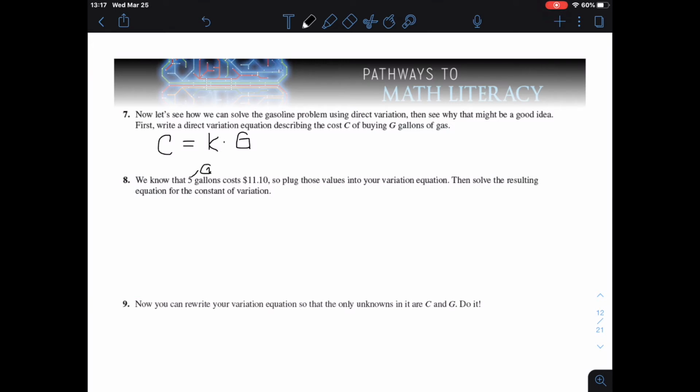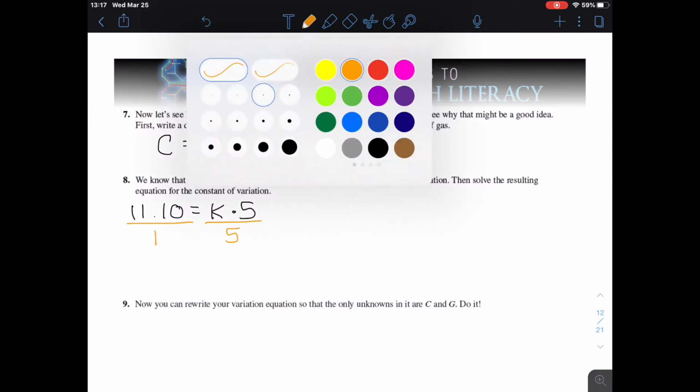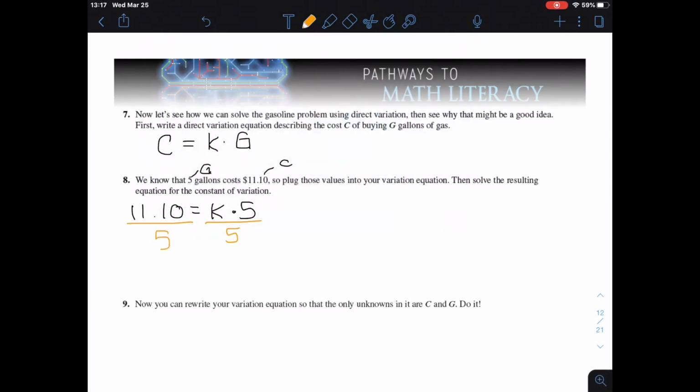So this is our value of G, and this would be the value of C. So 11.10 is equal to K times 5. This will allow us to solve for the constant K. We divide both sides by 5. So these 5's cancel, and we get K is equal to $11.10 divided by 5. So that's 2.22.